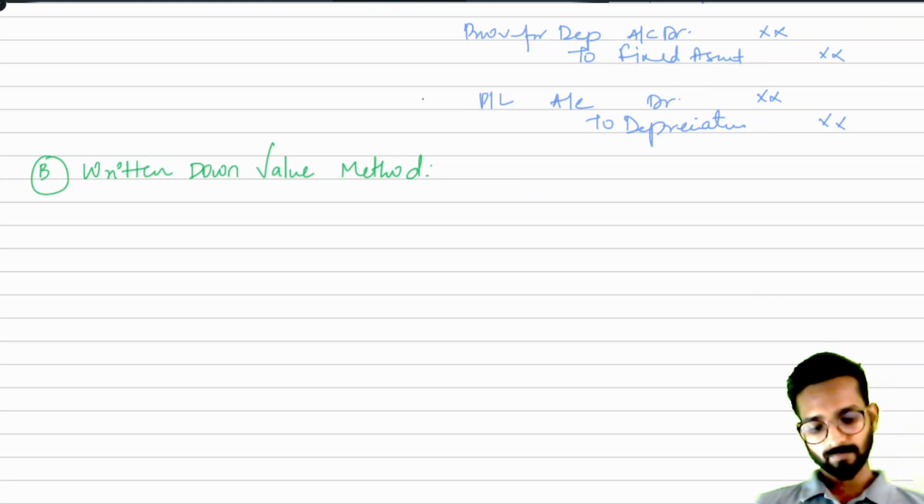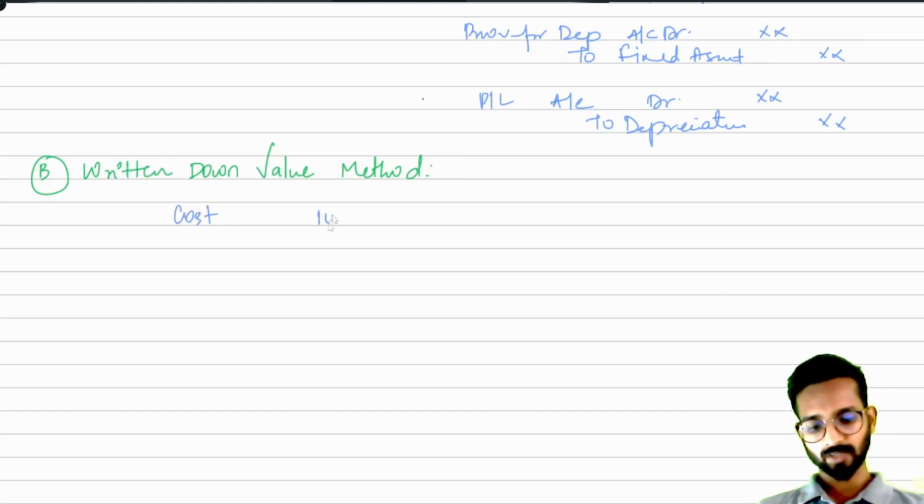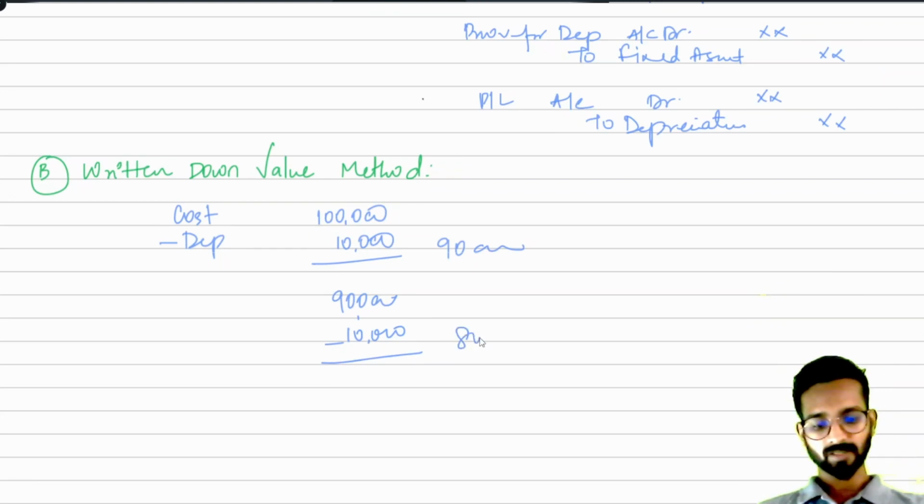Okay. Now understand, very easy. See, what have we learnt? The cost of machine is 1 lakh rupees. Depreciation is 10,000. It will become 90,000. Again 90,000 will be my cost. Depreciation is 10,000, 10%, it will become 80,000. Then again 80,000 is my cost. 10,000 is depreciation, it will become 70,000.